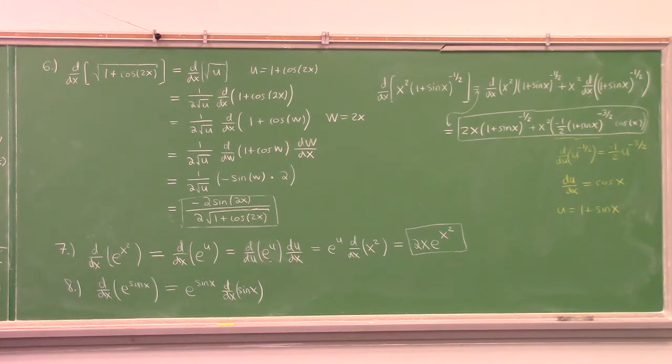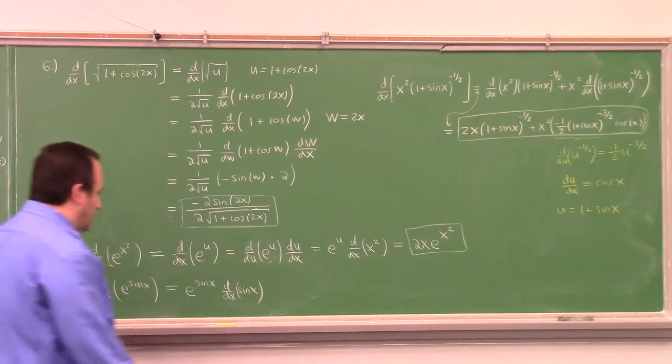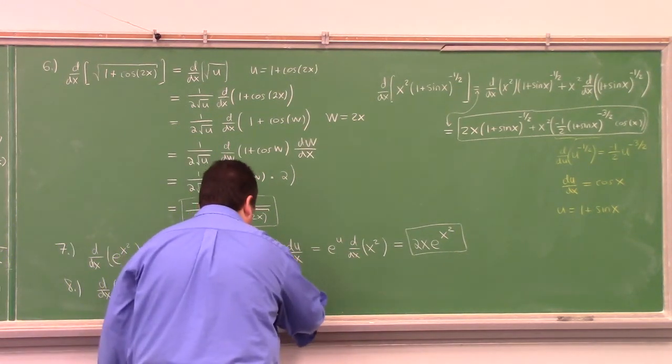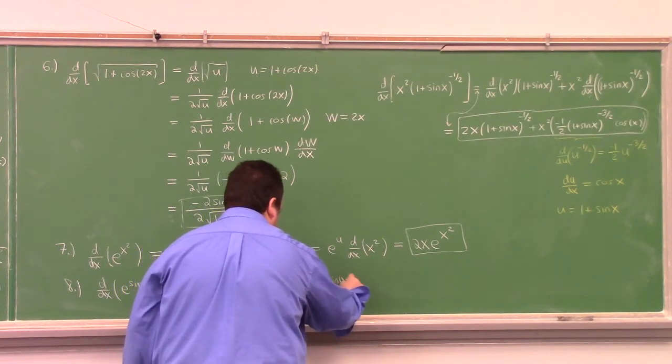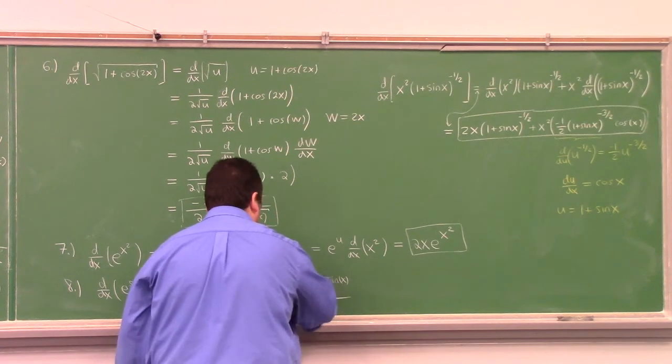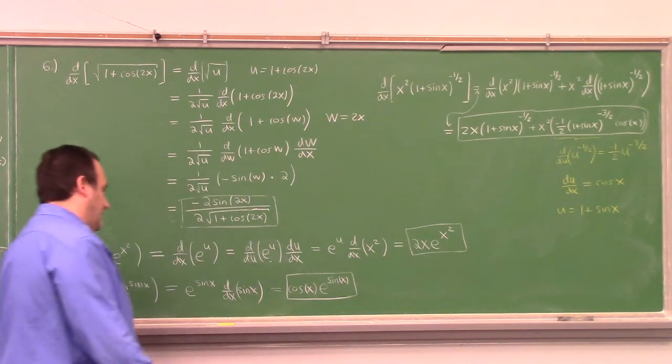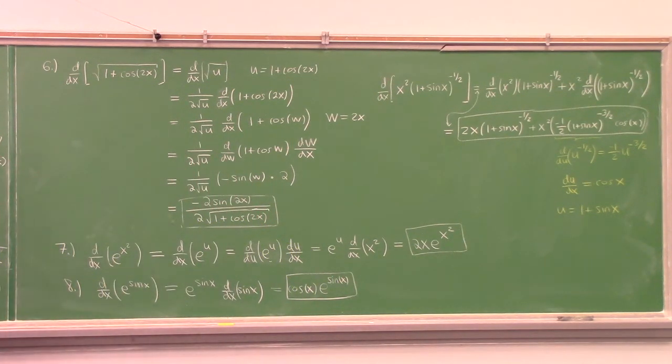Derivative of sine is cosine. So this one, we've got cosine of x e to the sine of x. Again, I didn't write down u explicitly. What was the u here? u was equal to sine x, right?